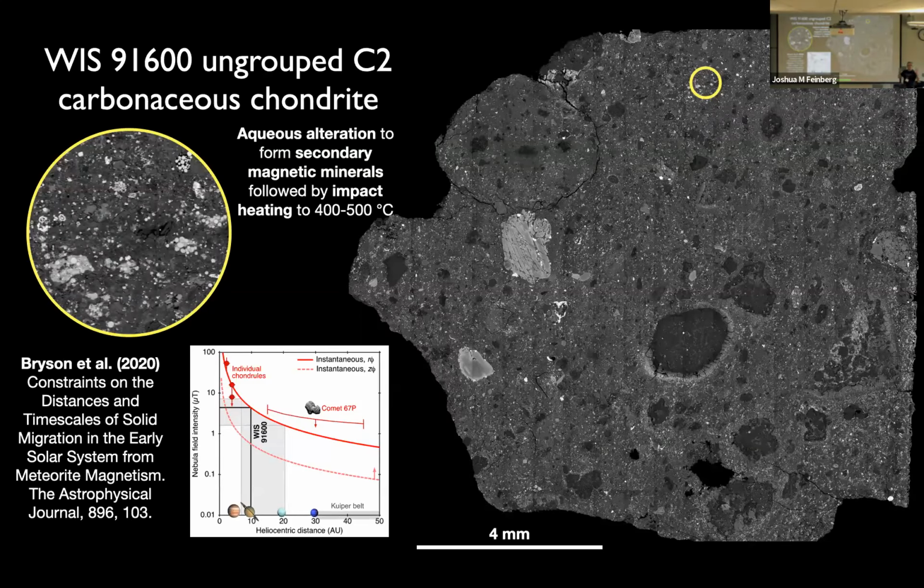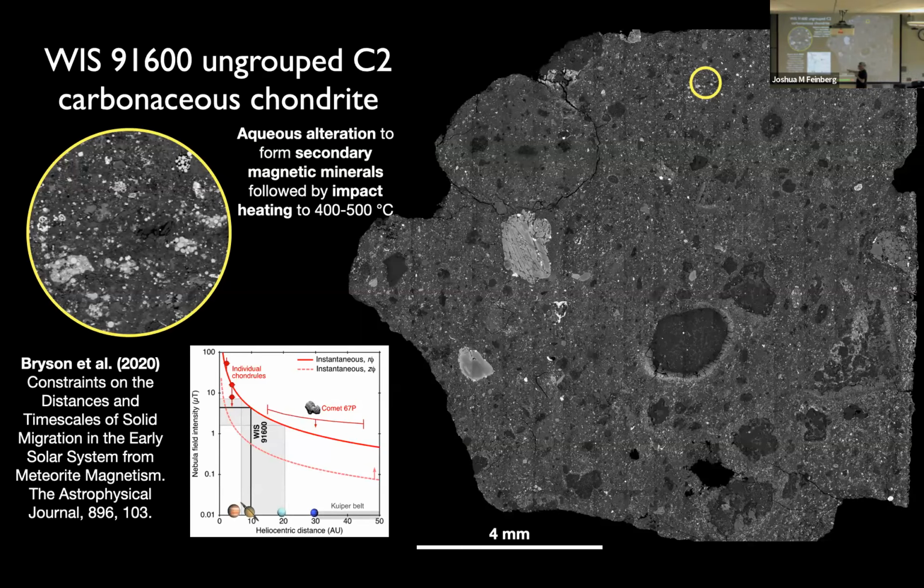And then, once we have that bulk data, we can then do targeted, finer resolution things. So everything I'm going to show today is from this sample. It's a C2 ungrouped carbonaceous chondrite, WIS 91600. It's a sample that has had its bulk paleomagnetic measurements performed. So Bryson et al. 2020 did a bulk paleomagnetic study of this, found a paleo intensity of 4 microteslas.